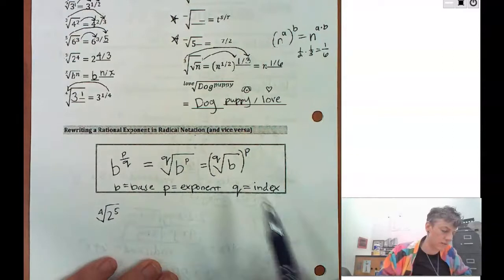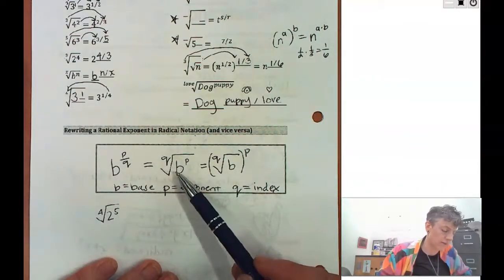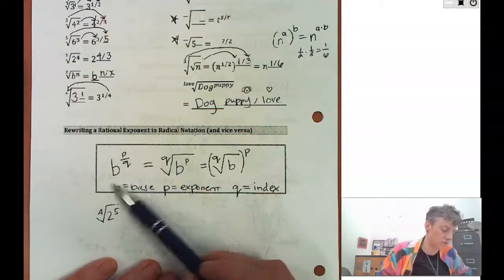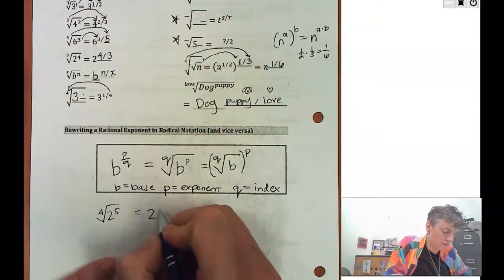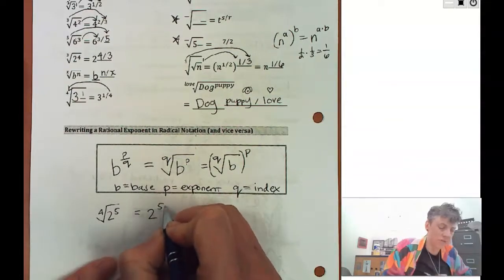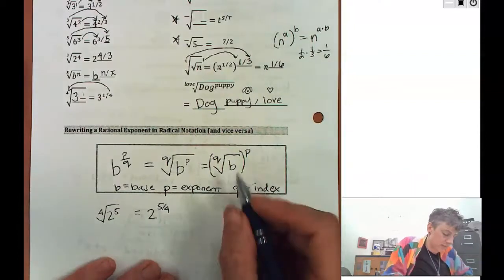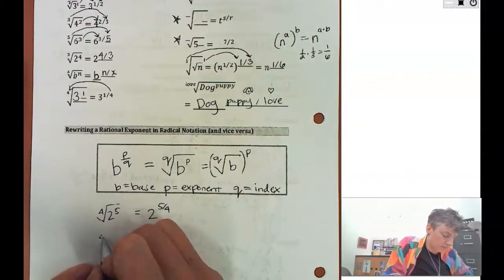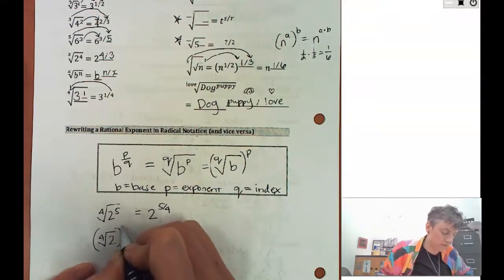If I wrote this as a rational exponent, this would become 2 to the 5/4. If I had it the other way around, the fourth root of 2, all of that to the 5th.